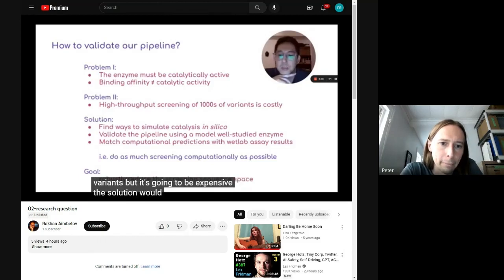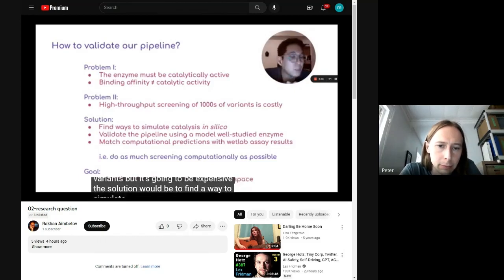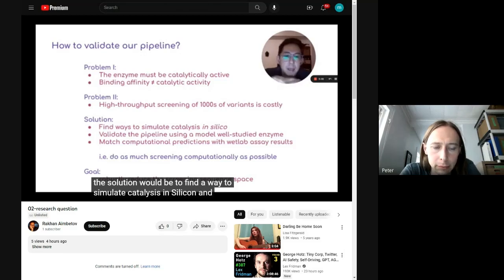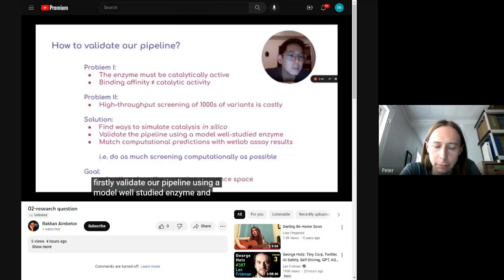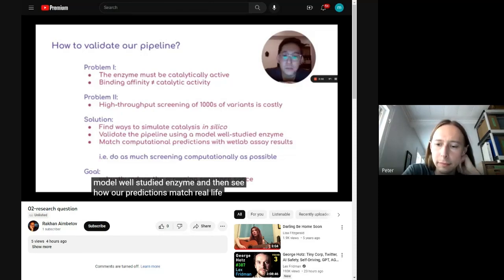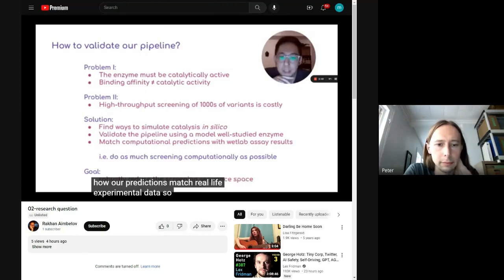The solution would be to find a way to simulate catalysis in silico and first validate our pipeline using a well-studied model enzyme, and then see how our predictions match real-life experimental data. So the goal is to do as much screening computationally as possible and robustly reduce the screening sequence space.